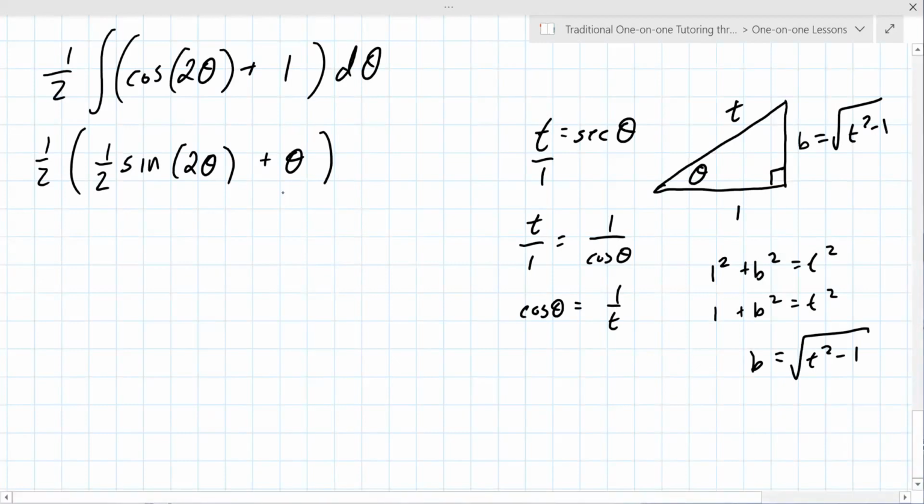Now you actually have a choice here, and that's where I'm not sure how to lead you. You can either solve for theta directly, or you can solve for sine of 2 theta. But I think because of the way this problem is done, they wanted you to solve for theta directly. So you can either say theta equals the secant inverse of t, which I think is a little weird, but that does work.